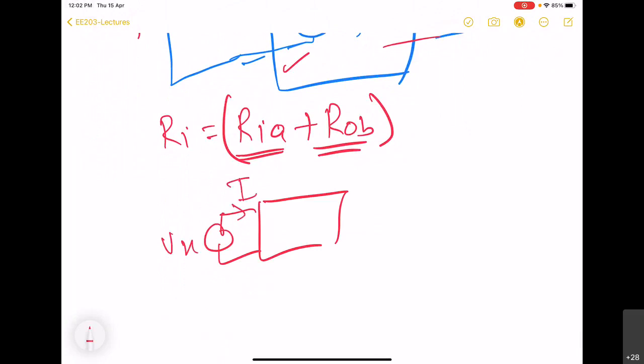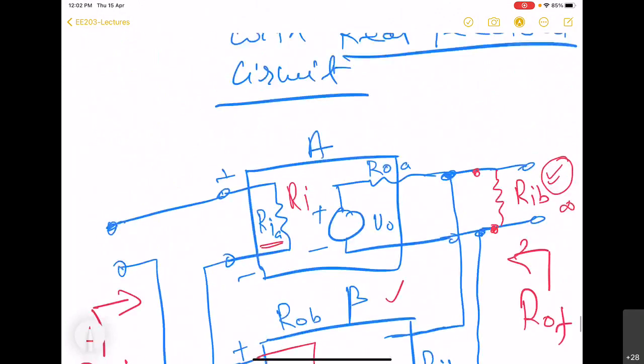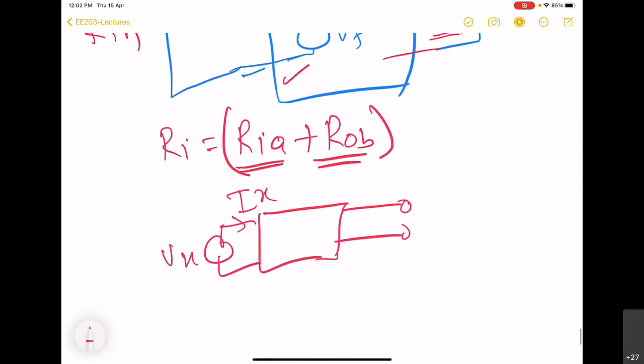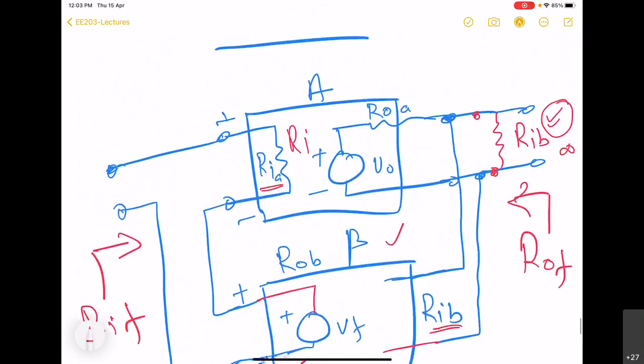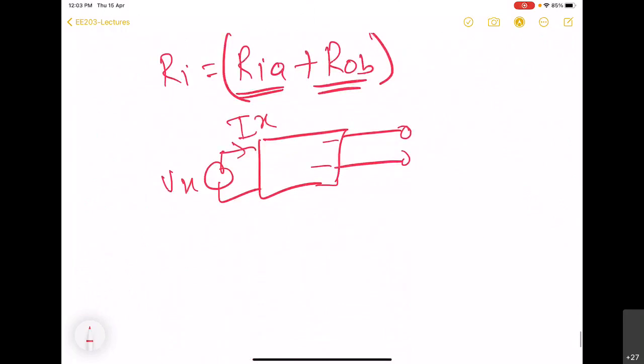So here also we will have to set up this circuit. Vx, find out Ix, but this time actually there will be no true opening, and here we see that we have RIB. But we can absorb this RIB here internally, and then we can say that we do not connect any external load here, although RIB is itself like load.